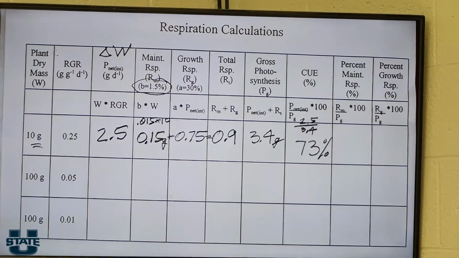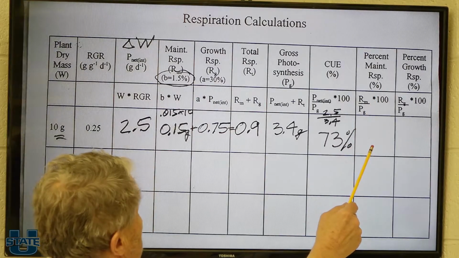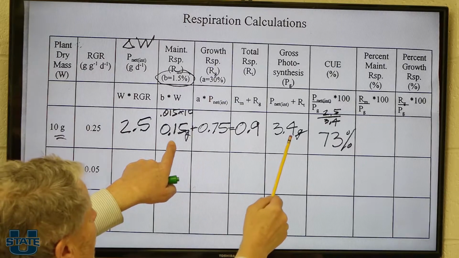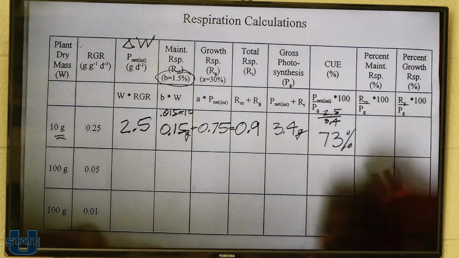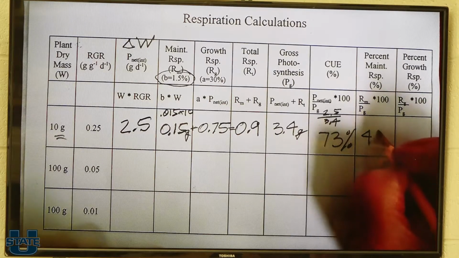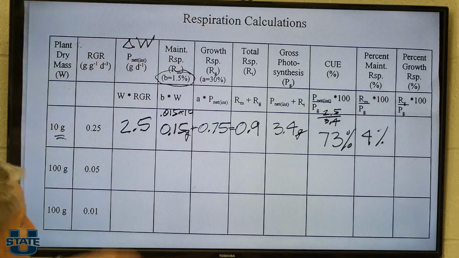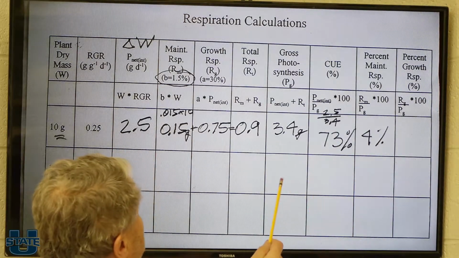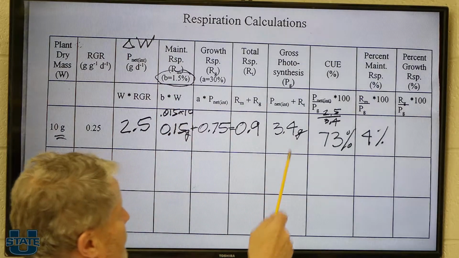And now these final two columns is maintenance respiration percent, and that's maintenance respiration divided by this total here, and that number comes out to be 4% went to maintenance for this plant, which is maintenance right here divided by total, 3.4.